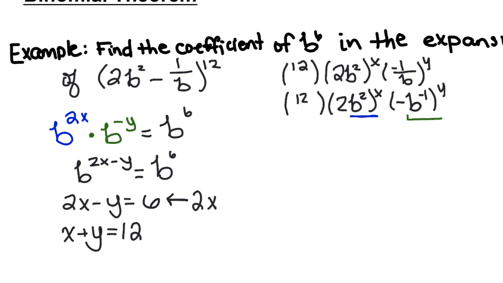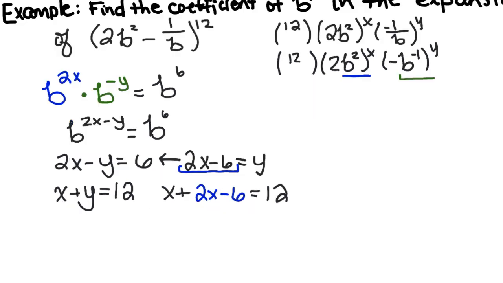This is the same thing as 2x minus 6 equals y. And then substitute that in. So x plus y, but y is 2x minus 6, equals 12. So 3x equals 18, x equals 6. So now I can plug 6 in here.